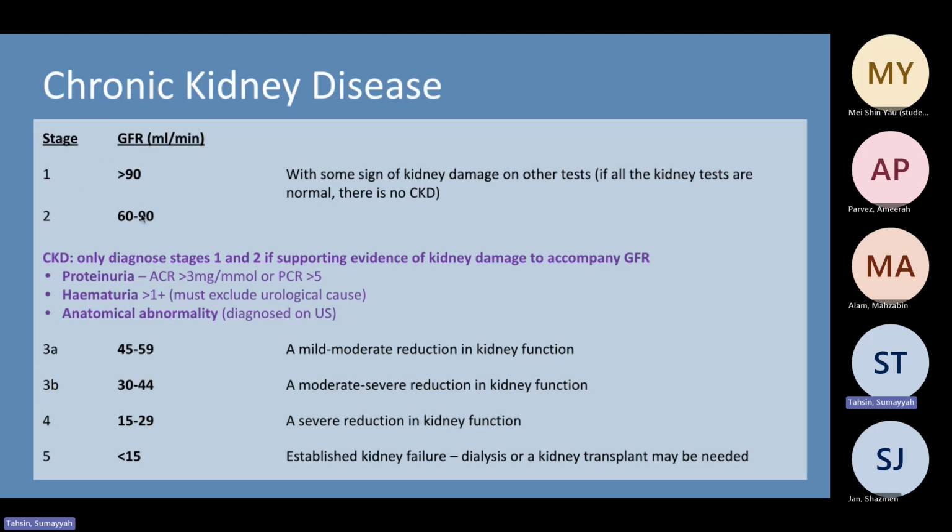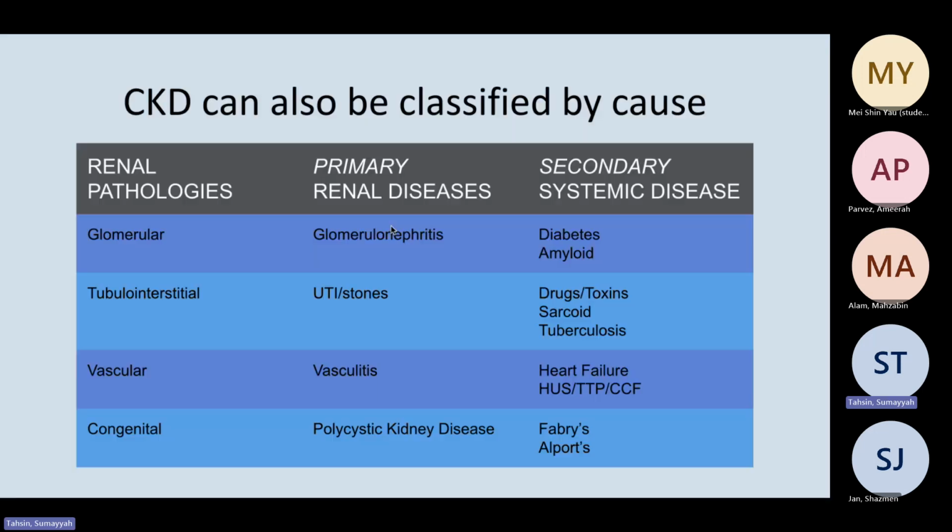So if they've got an eGFR between 60 and 90 or more than 90, however, their ACR is more than 3 milligrams per millimole, or their PCR is more than 5, or they've got hematuria or an anatomical abnormality seen on ultrasound, they will be regarded as having chronic kidney disease. I hope that makes sense.